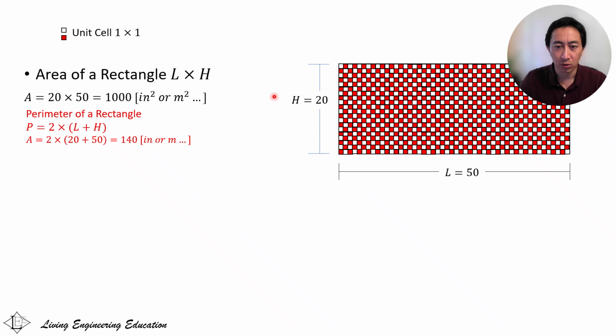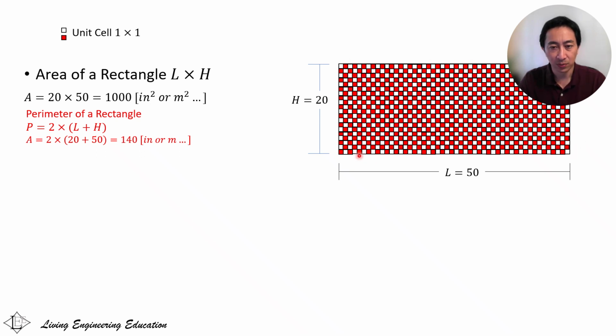The perimeter. So the area is the shaded space within your shape. The perimeter is the sum of the edge components. So think if I want to build a fence around this lawn, let's say, what's the length of fence that I would need?